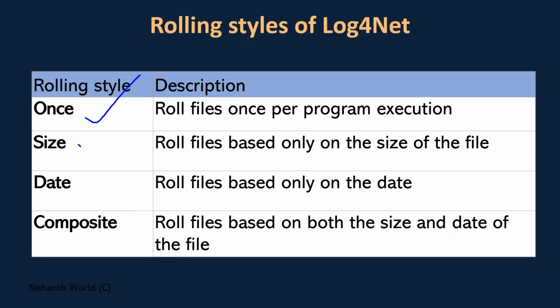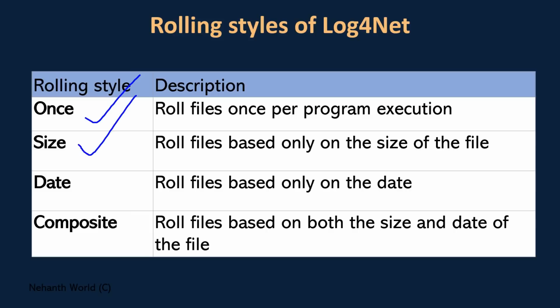And the next style is the size. If you configure rolling style as a size, it will create a new file whenever that particular file exceeds the configured size. Roll files based only on the size of the file.